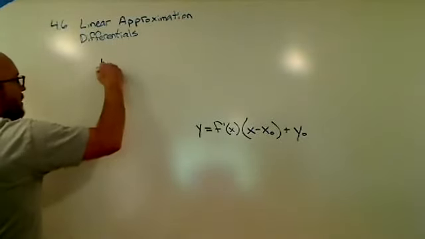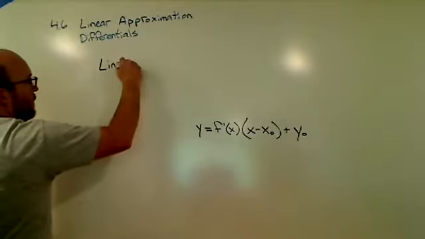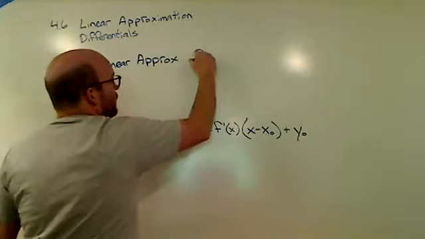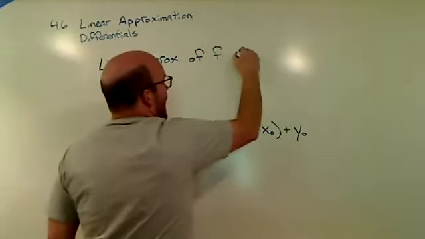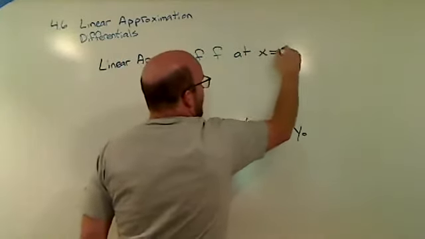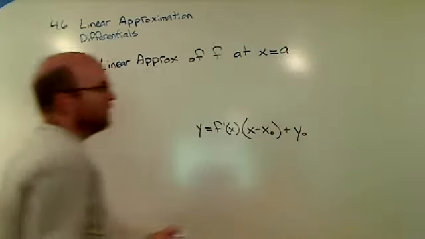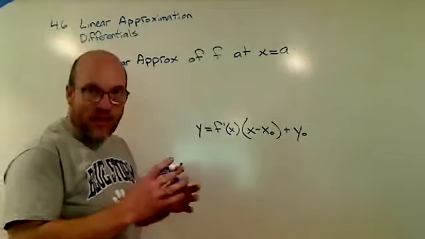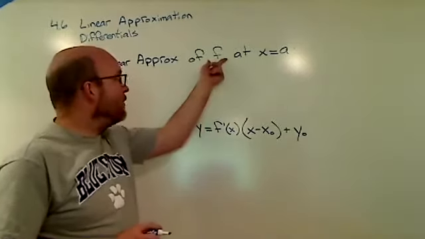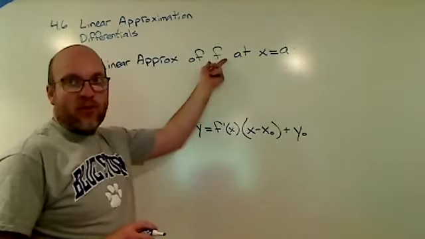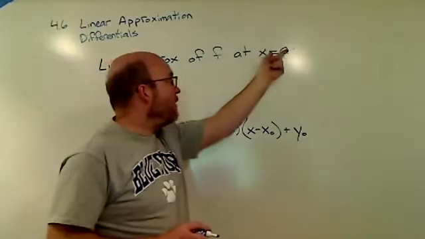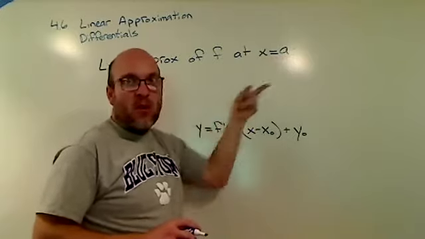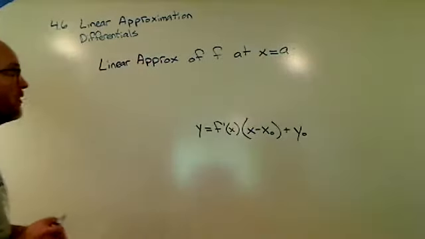So the linear approximation of f at x equals a. So I want to pause here. I started to give a definition, but I want to make sure it's clear. You have to have two things at the beginning to do your estimate. You have to have a function that relates to what you're trying to estimate, and you have to have a value that's easy to work with, that's very close to the value you're trying to work with in your approximation.